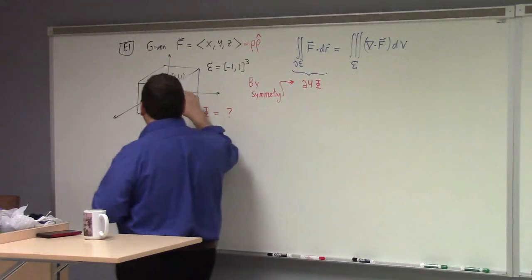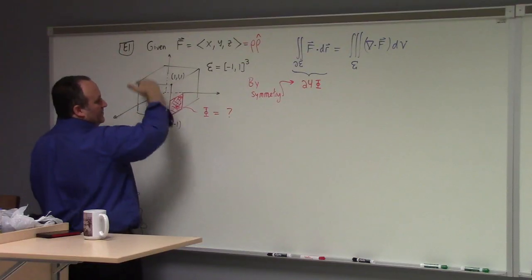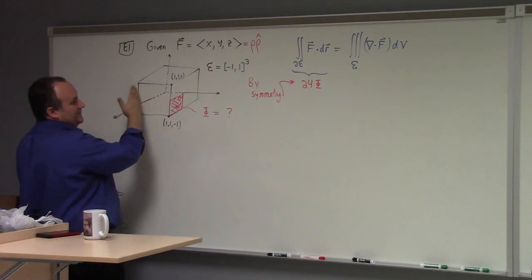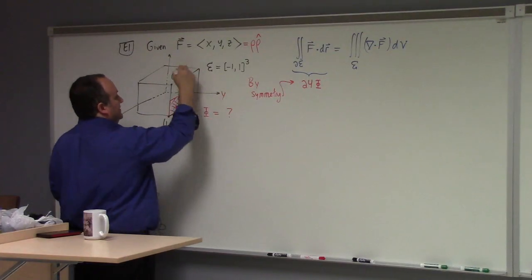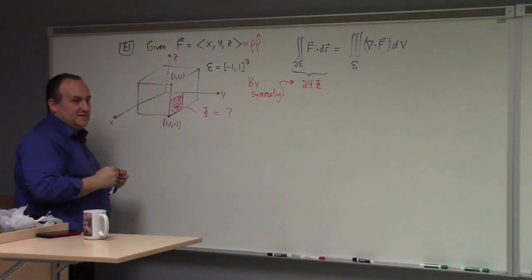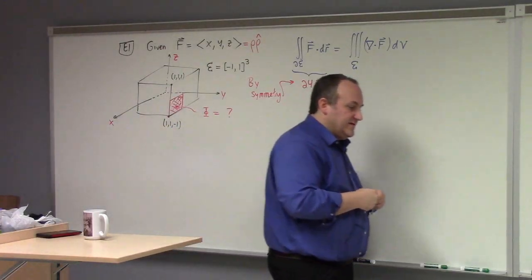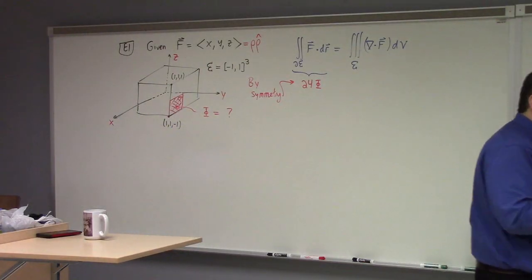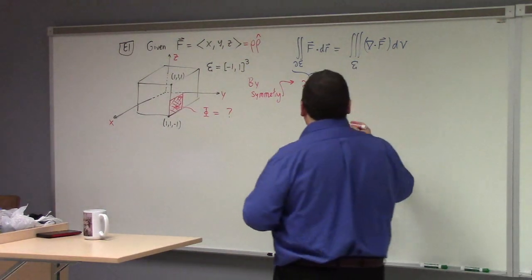But the thing is, this cube also has that same symmetry. There's no respecting of x or y or z with this cube, is there? It sees all three dimensions as the same, and so we can expect that nothing should distinguish the flux through one of the 6 faces from any of the other faces, and likewise, any of the quarter faces are equally symmetric with respect to this vector field, right? Does that make sense? So that's 24 times what we're interested in.